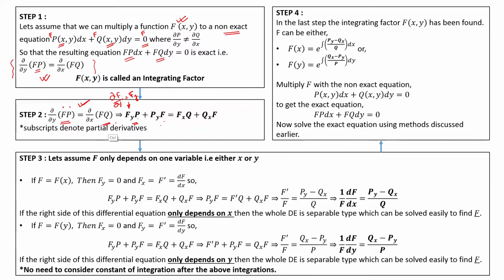Similarly, we calculate the right side, that is Q multiplied by the partial derivative of F with respect to x and F multiplied by the partial derivative of Q with respect to x. Here the subscripts denote partial derivatives.